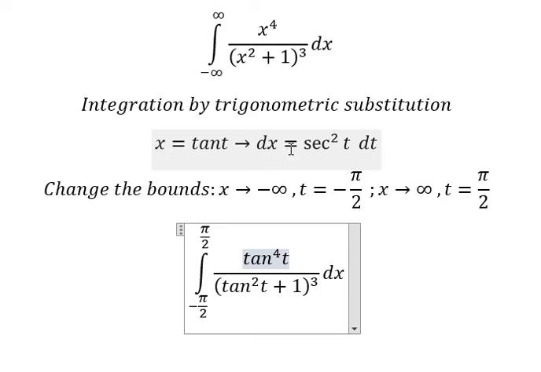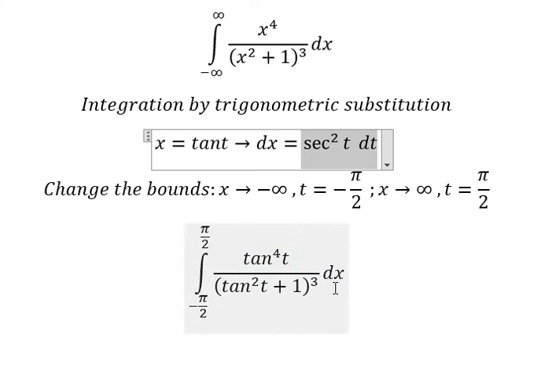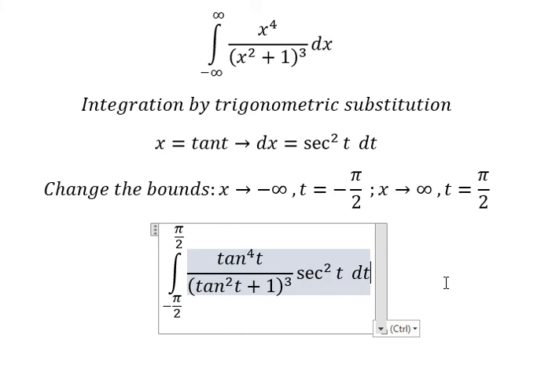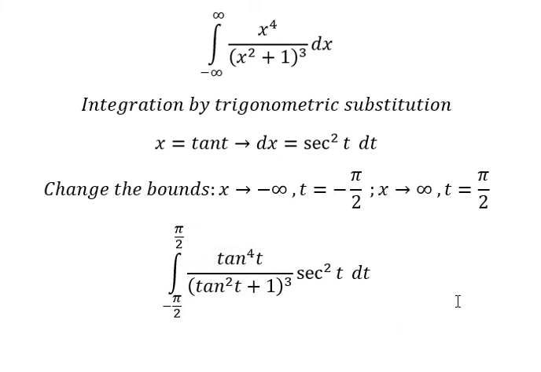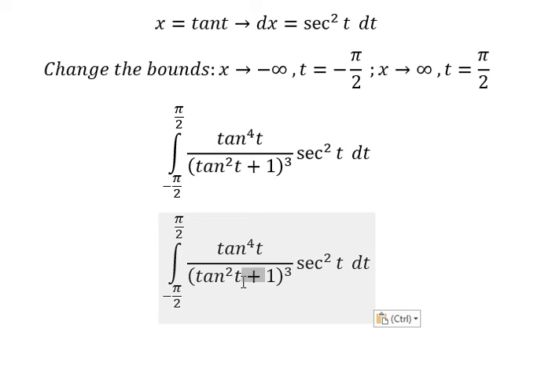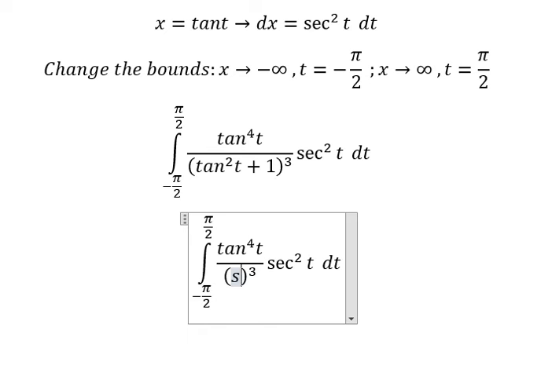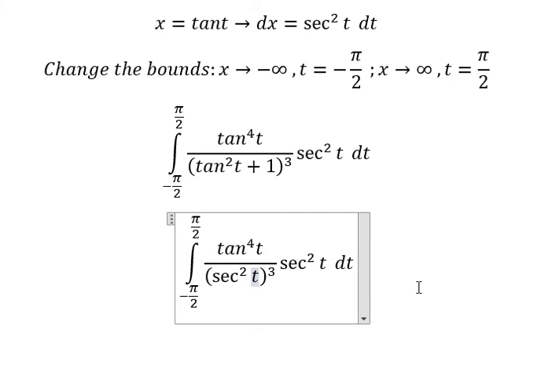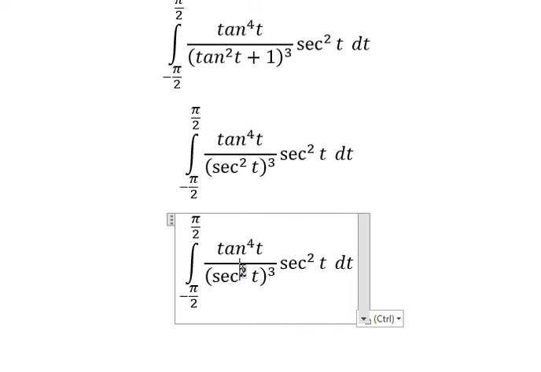The s we change for this one. This one we change for secant of t squared. This one we have secant of t to the power of 6.